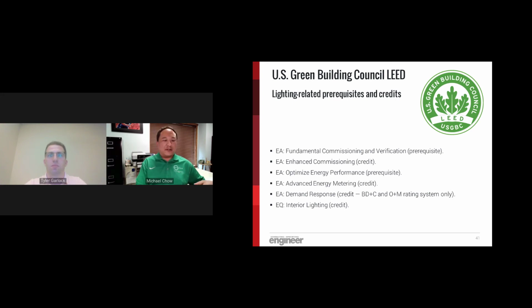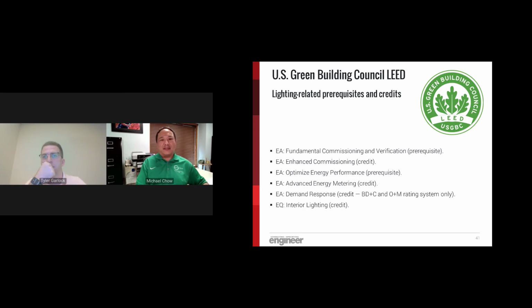LEED requires that 90% of individual occupant spaces have occupant control of the lighting in those spaces. It could be task lighting, it could be dimmer controls, it could be light switches. So again, LEED focuses on more than just energy savings, but it also provides occupant control.